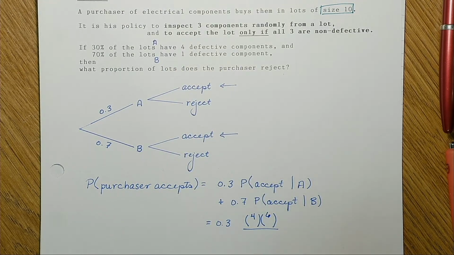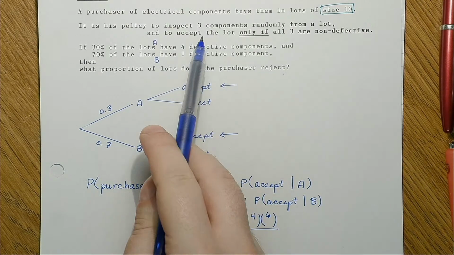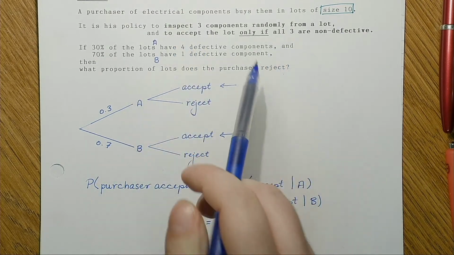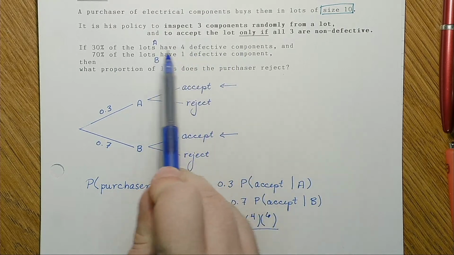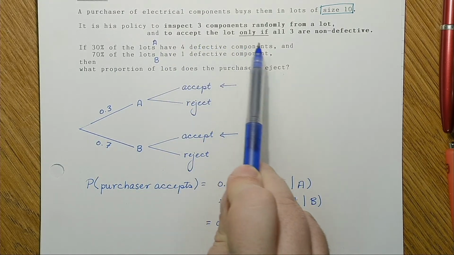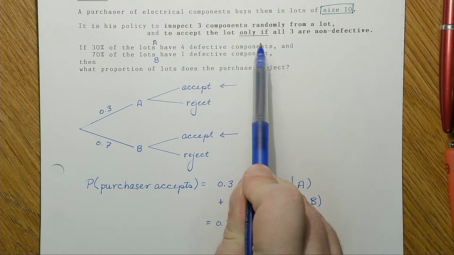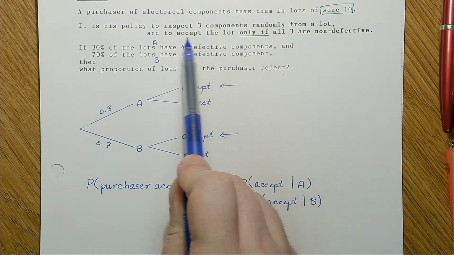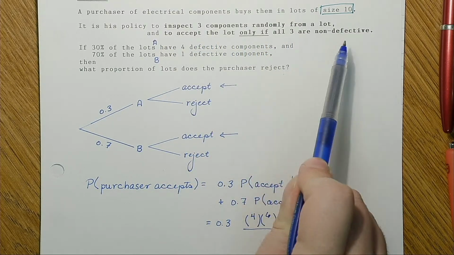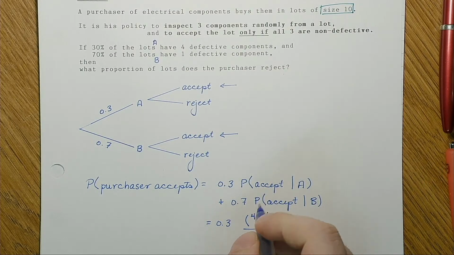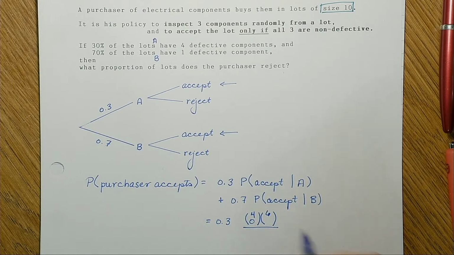And the purchaser has to accept it, so all 3 of them have to be non-defective, so he's going to pick none, or she.